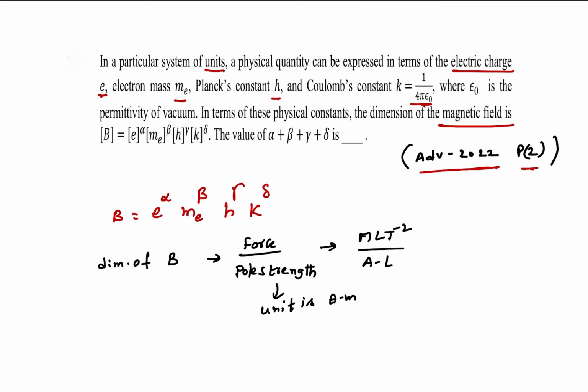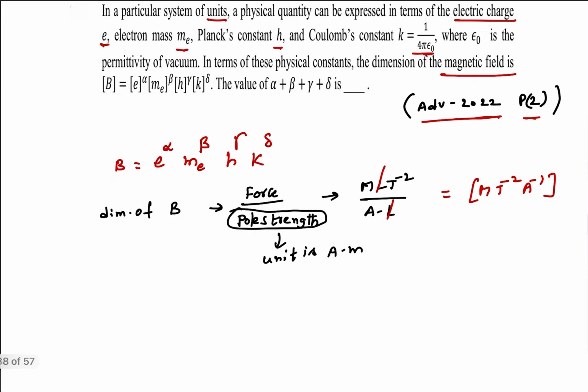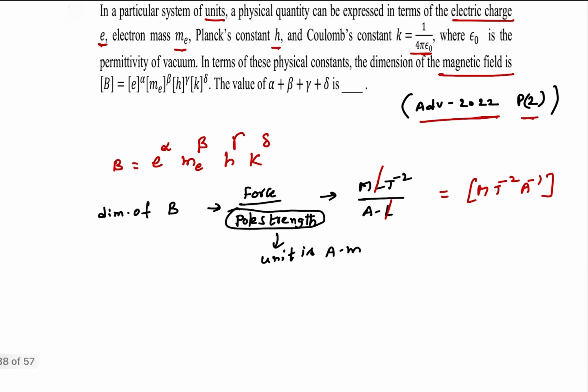So you can write A L. Now the L and L get cancelled. Finally, M T power minus 2 A power minus 1. This is my dimensional formula for magnetic field.